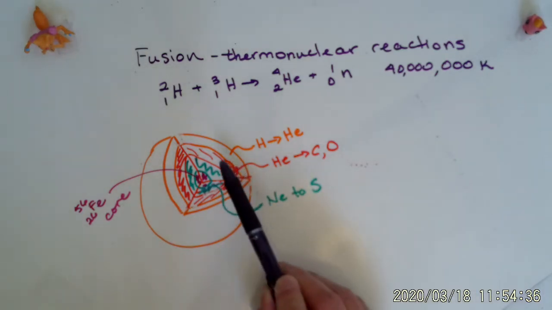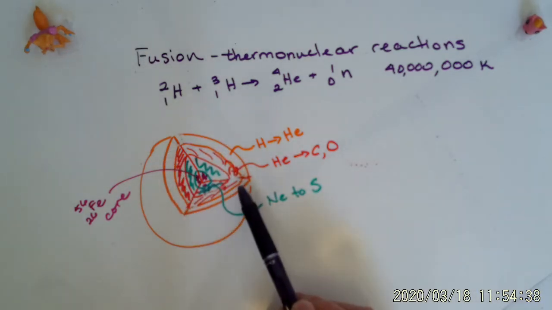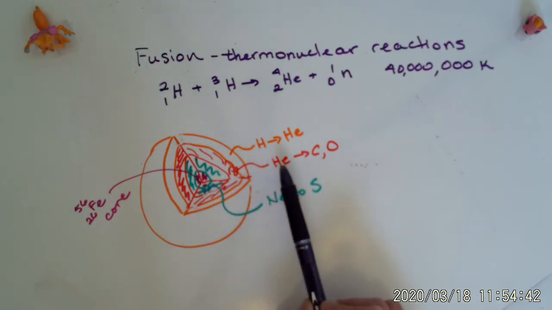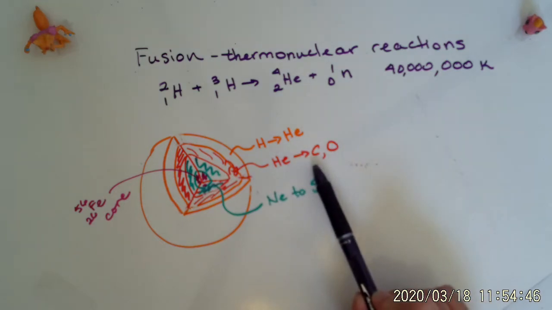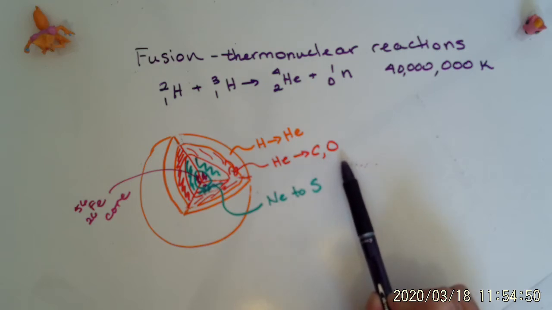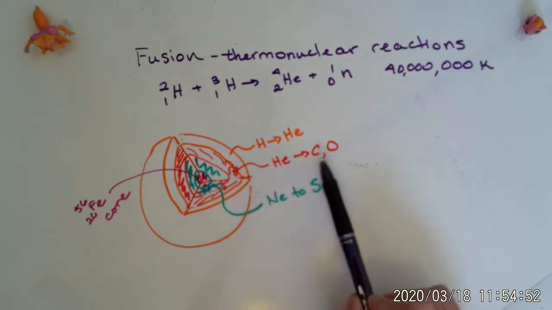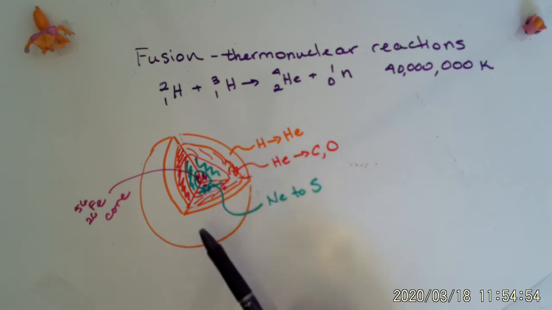At a lower level, when all the hydrogen has been used up, you start seeing helium under higher pressures and temperatures get fused and form carbon and oxygen. This occurs in the interior.